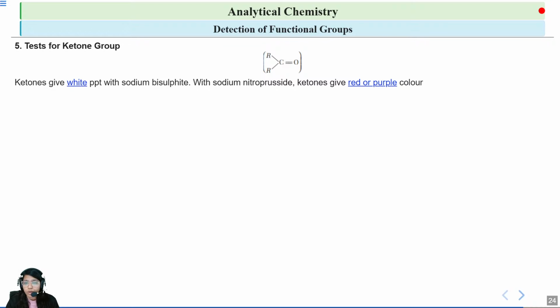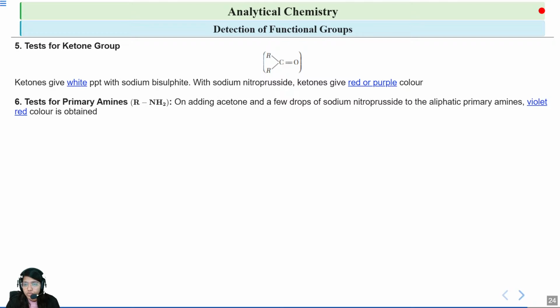This reaction is commonly used in qualitative analysis to detect ketones. Additionally, ketones produce a red or purple color when reacted with sodium nitroprusside, which is a test that helps in differentiating ketones from other carbonyl compounds like aldehydes.